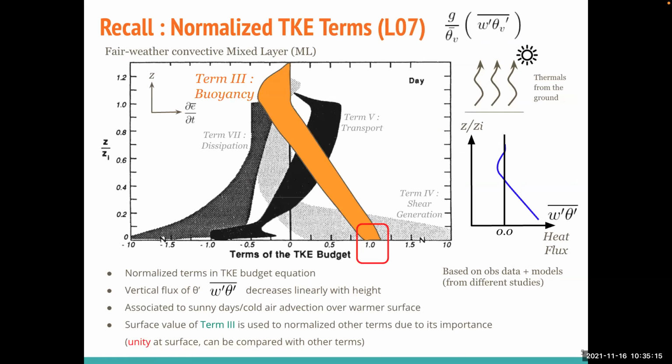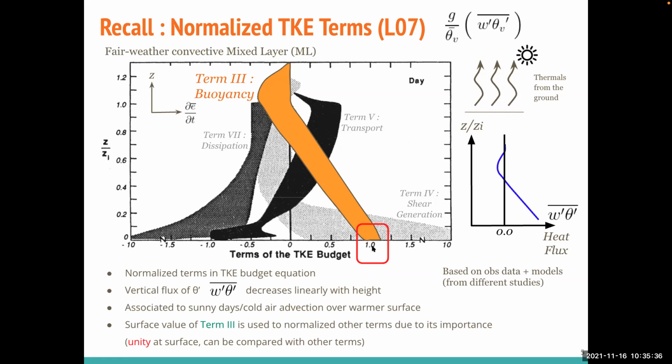Okay, and another type of normalization. So here, this is an example. So I've shown you this, right, in lecture 7. We talk about normalization of all the TKE terms with the surface magnitude of the buoyancy term only.